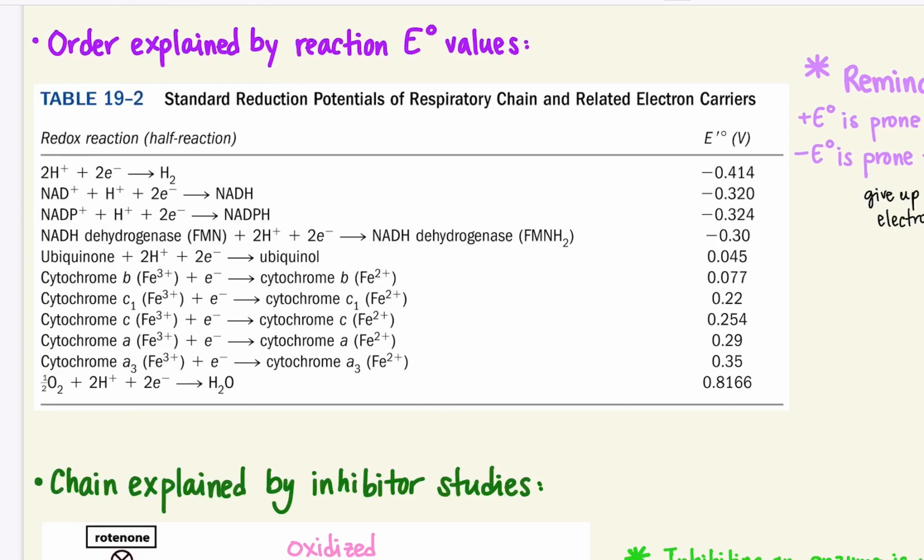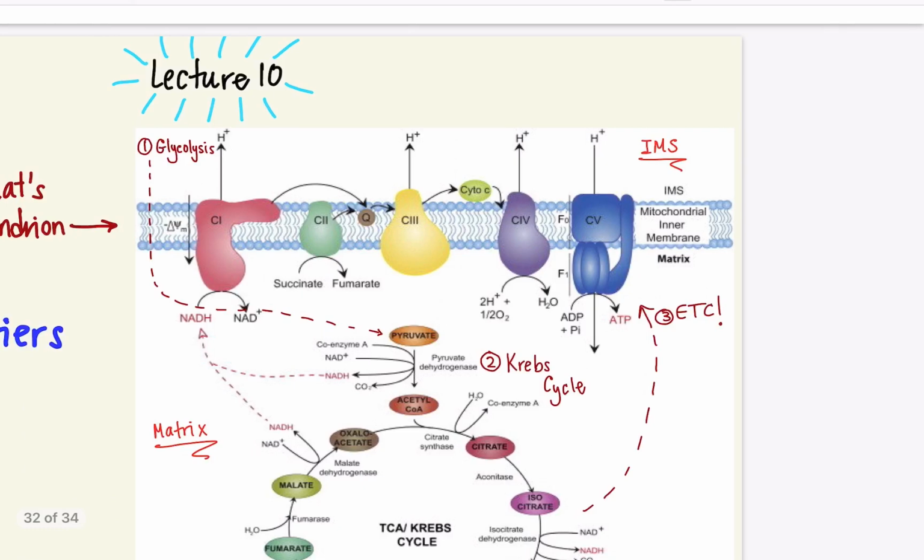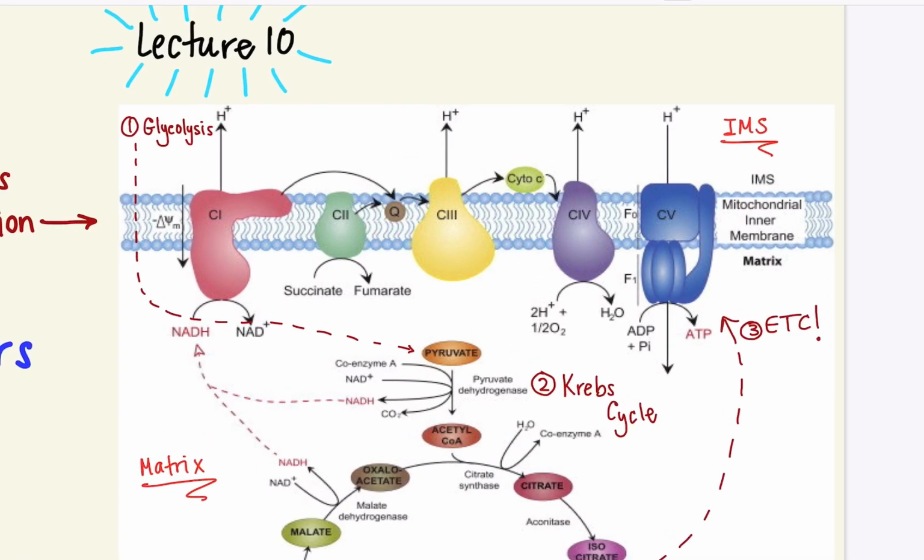So by understanding this order, researchers understood why exactly every electron transport chain embedded in the inner membrane has the exact same order. It's always complex 1, coenzyme Q, complex 3, and 4, and then oxygen turning into water.